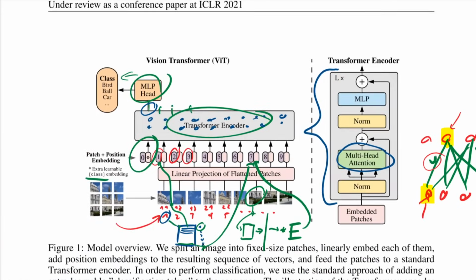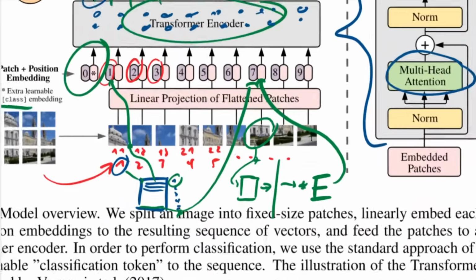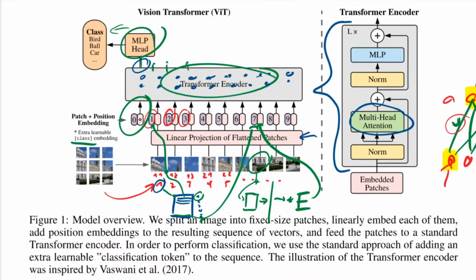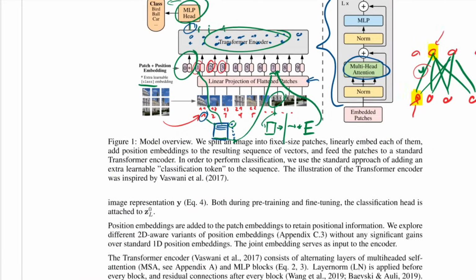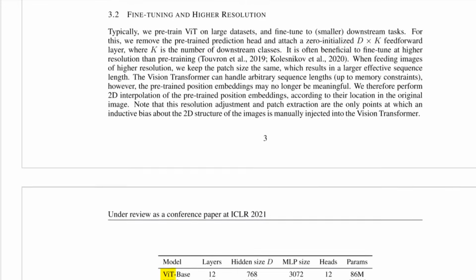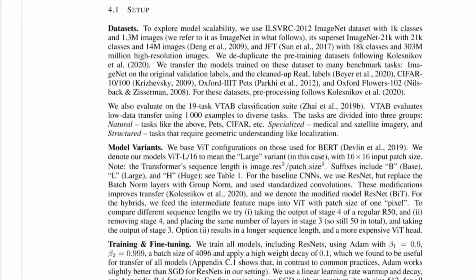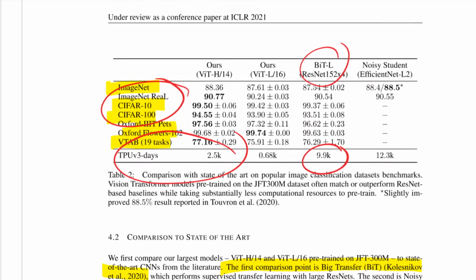So the paper completely discards the notion of convolutions. They have a variant where they, I believe, replace this patch embedding here with a convolutional embedding, but I don't think it helps much. They really want to show that convolutions aren't necessary. I don't want to go too much into the details of the paper because it's also subject to change. You know, on OpenReview, you can revise it and so on.